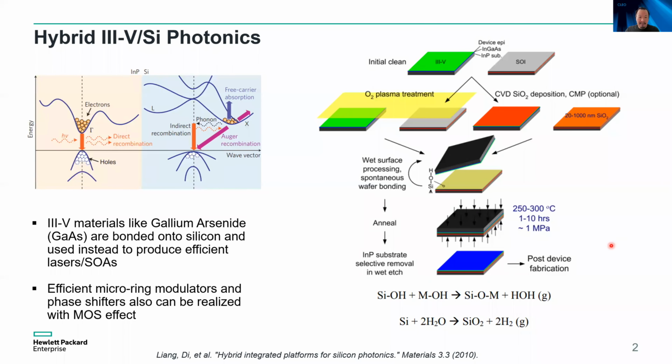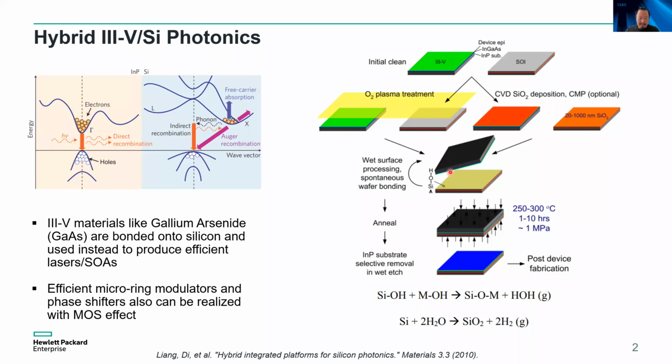Here's a diagram of our process. We first start off with two wafers or two samples, III-V and also the SOI. We either do an O2 plasma treatment, or you can do a CVD SiO2 deposition and a CMP, but we typically do the O2 treatment.